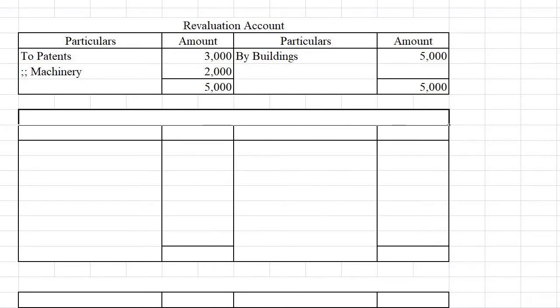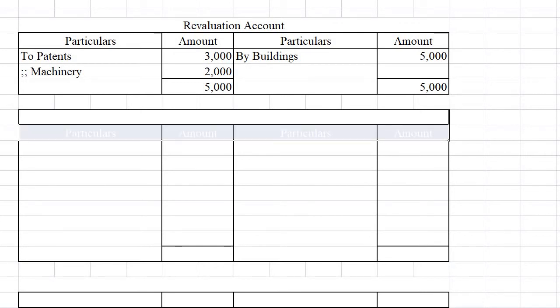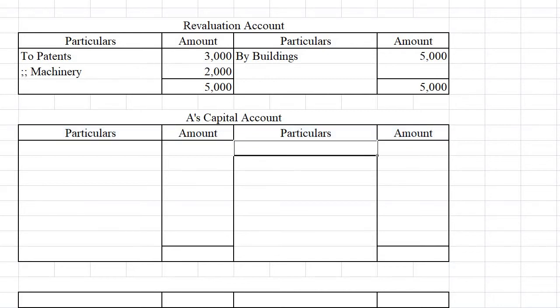Now let us prepare the capital account of the deceased partner, that means A's capital account. In that, normally opening balance will be the first entry. So we can write by balance brought down 30,000 from the balance sheet. Then next in the balance sheet there is a reserve that also can be transferred to the capital account.